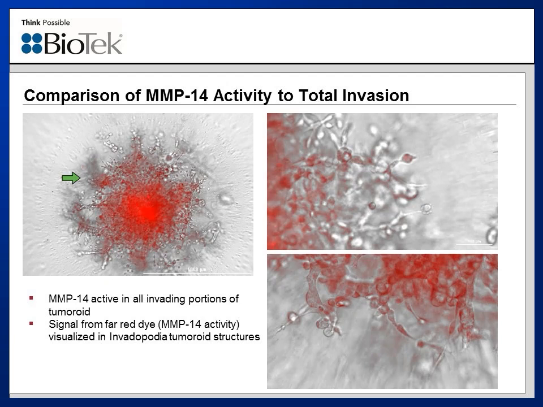And again, as you can see from this image on the left, the extent of coverage observed with both Cy5 and with the bright field signal match up quite well, showing that the MMP14 proteinase is active in pretty much every area of the invading tumoroid structure.